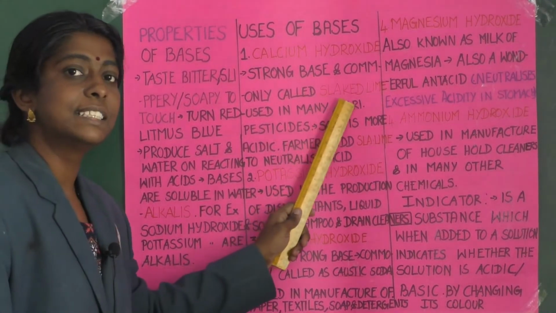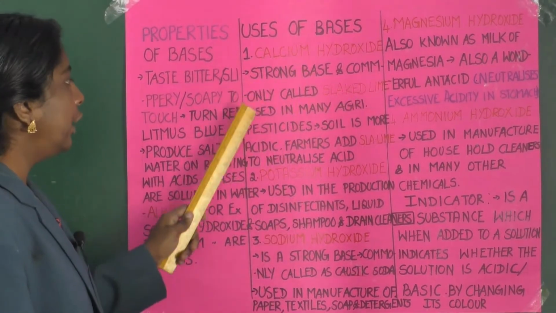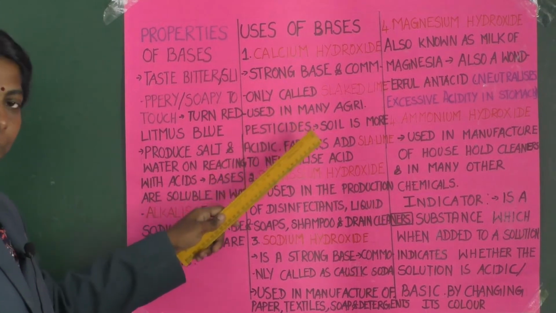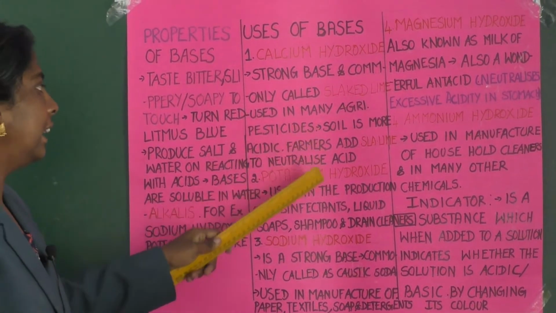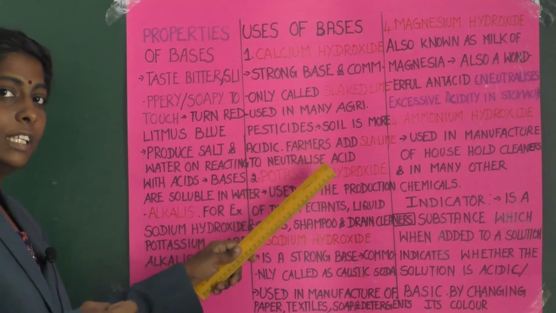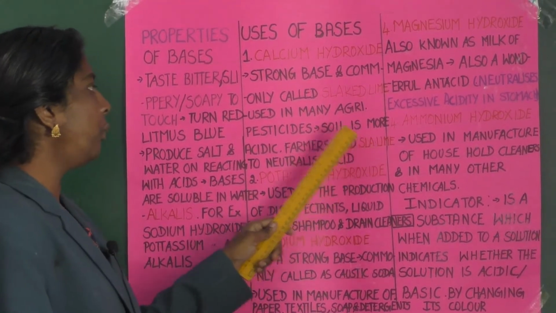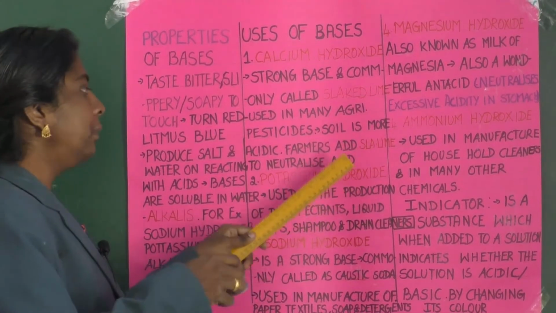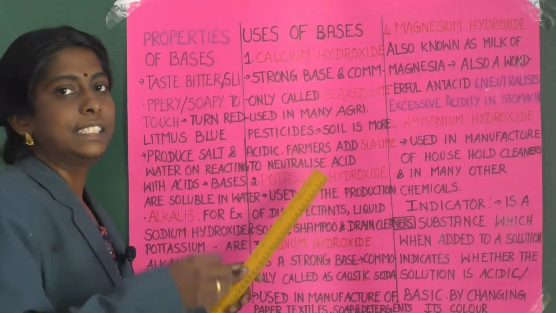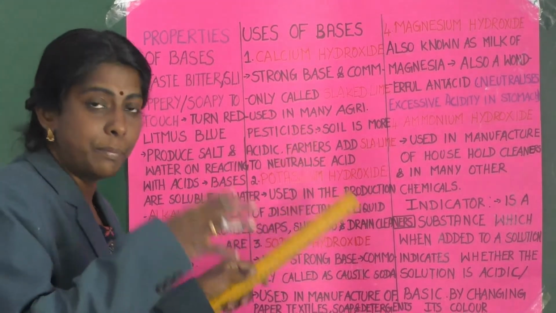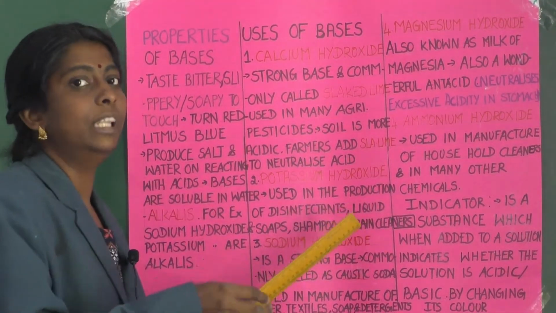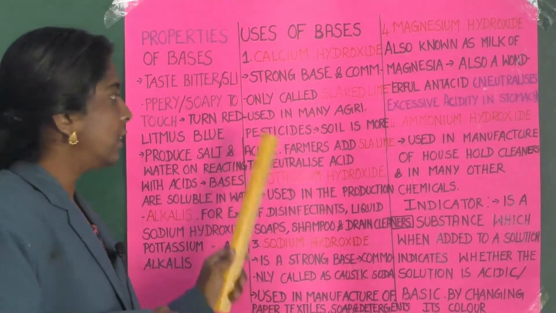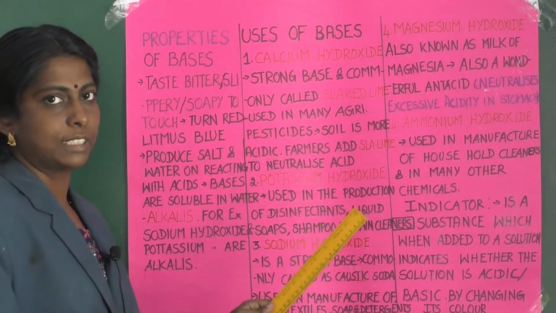It is used in many agricultural pesticide products, and when the soil is too acidic, farmers add slaked lime so that it will neutralize the acid, because it is a base. Can you understand? This is about calcium hydroxide.